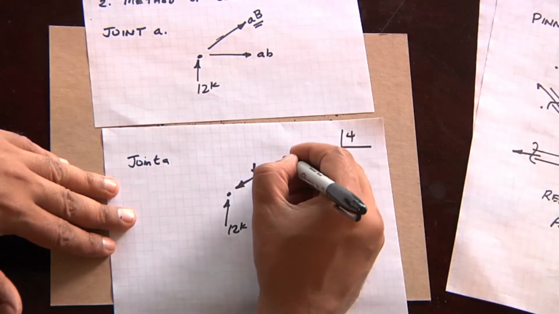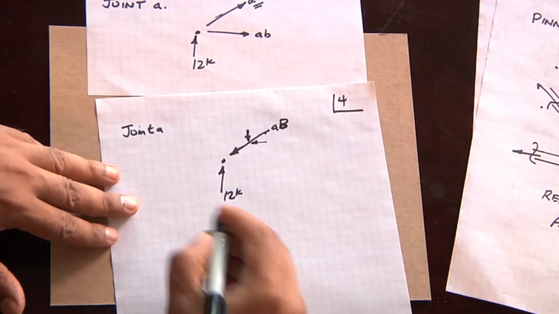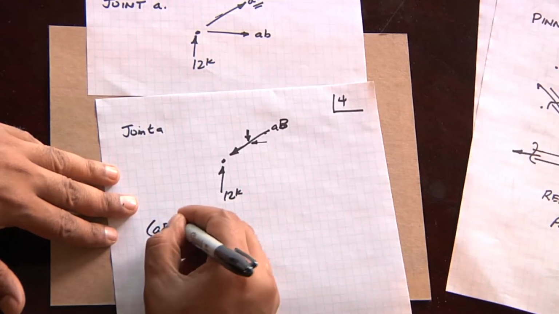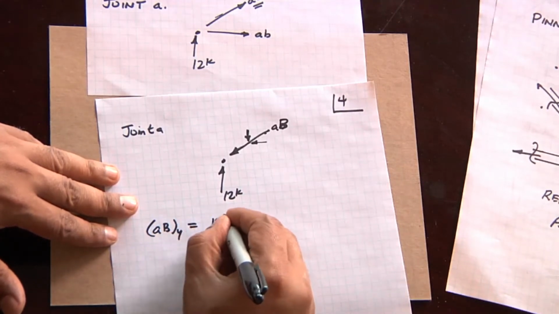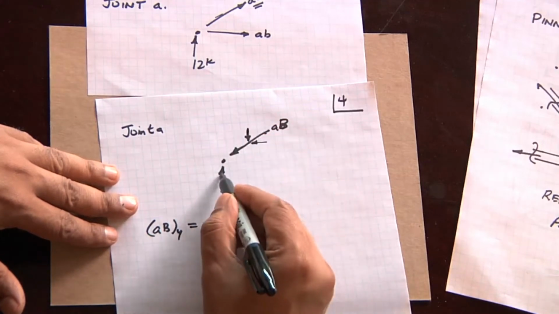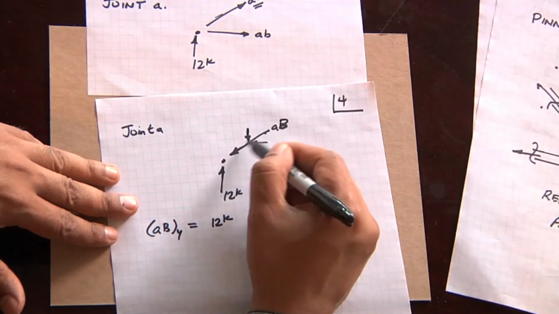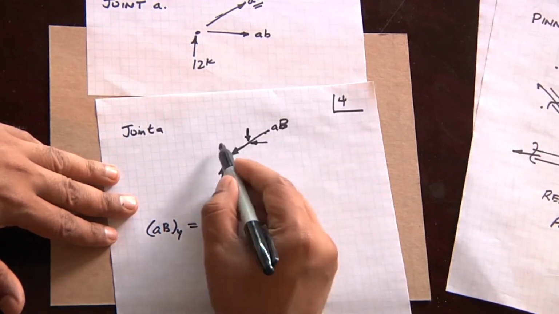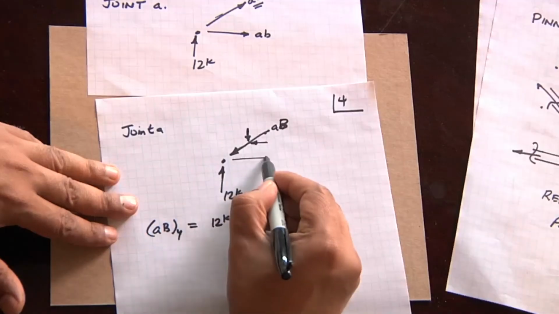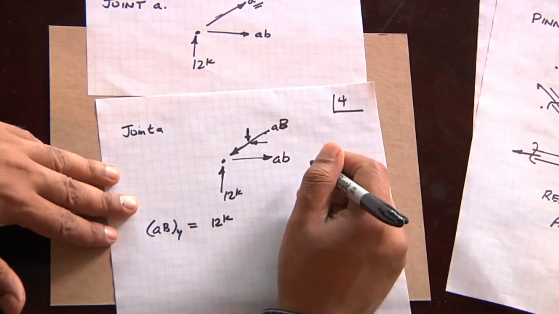So AB, A capital B, in the y direction has to balance the 12 kips. And that y component automatically tells us that this component of the AB chord force has to be going to the left, which tells us that this force on the lower chord, AB, is going to the right.